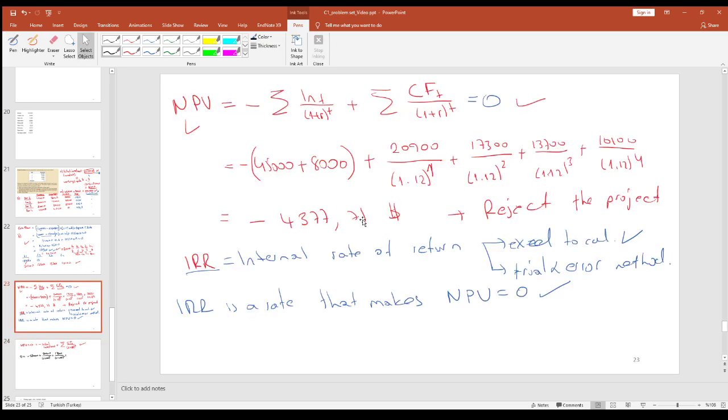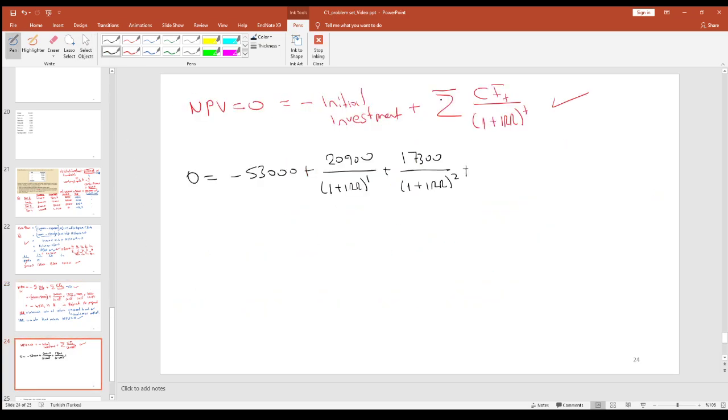Let's see, 13,700 over 1 plus internal rate of return to the power 3, and for the last year it's 10,100 over 1 plus internal rate of return to the power 4. So you need to solve this equation. Of course, it is not possible to solve it by using algebra, but we will use trial and error and the interpolation method.